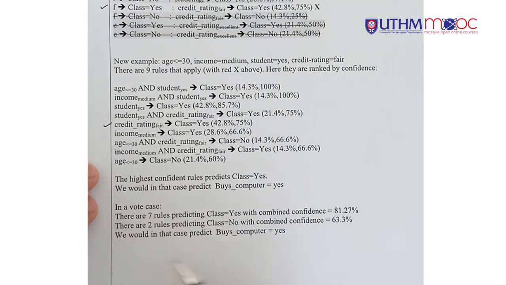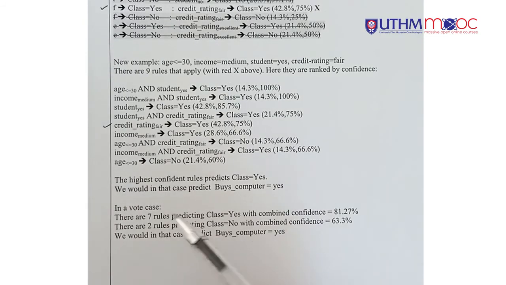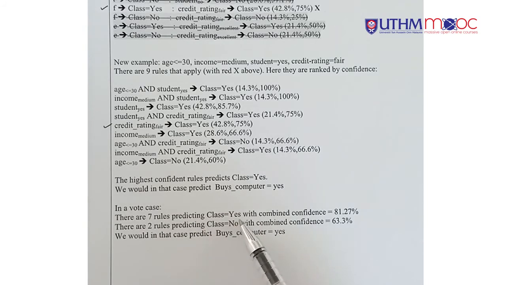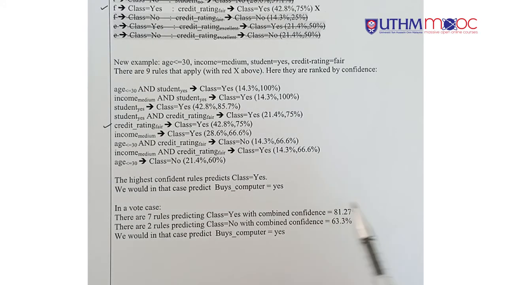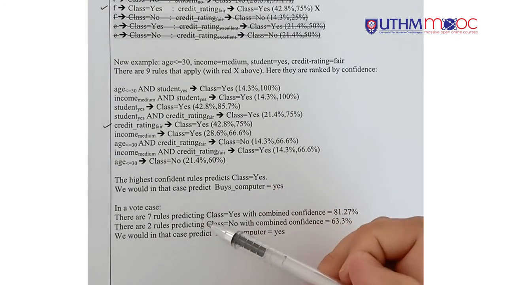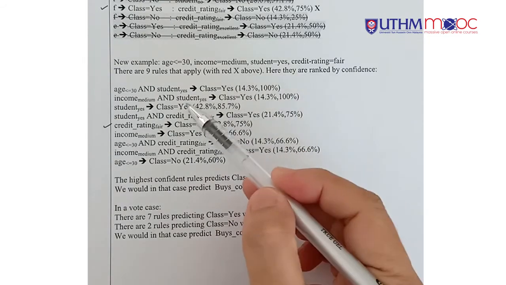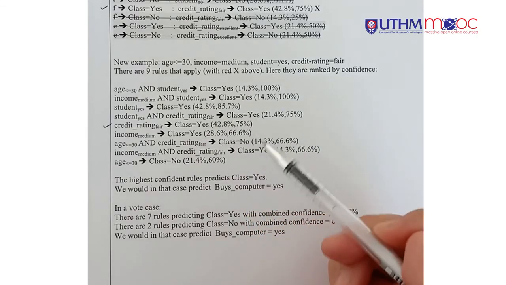Okay, so this is another way of using the voting technique. If we use voting, there are 7 rules predicting class yes, so the combined confidence is 81.27%, and there are 2 rules with class no. See, class yes: 1, 2, 3, 4, 5, 6, 7.